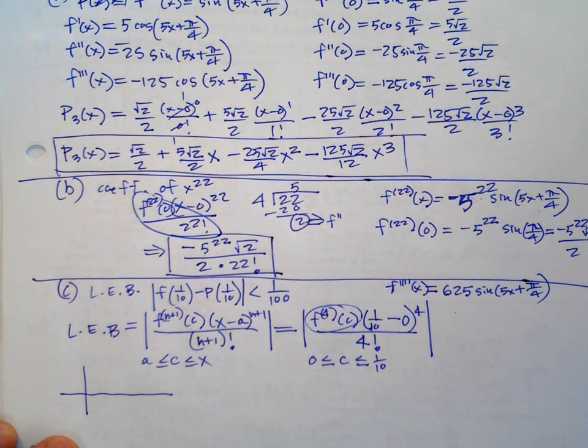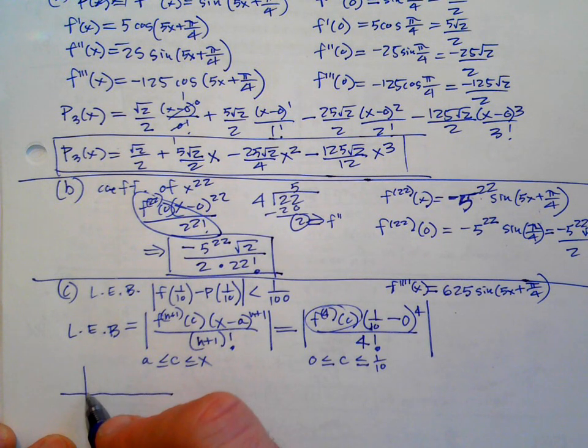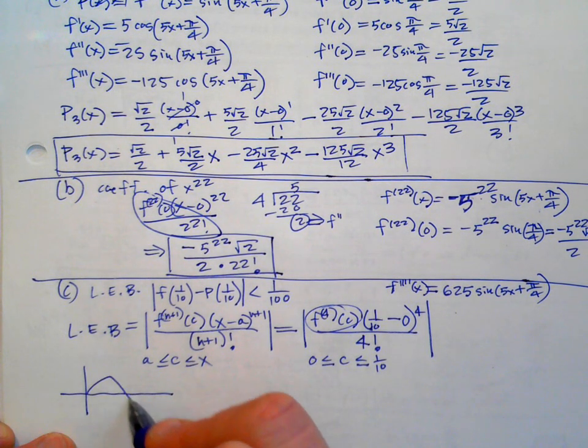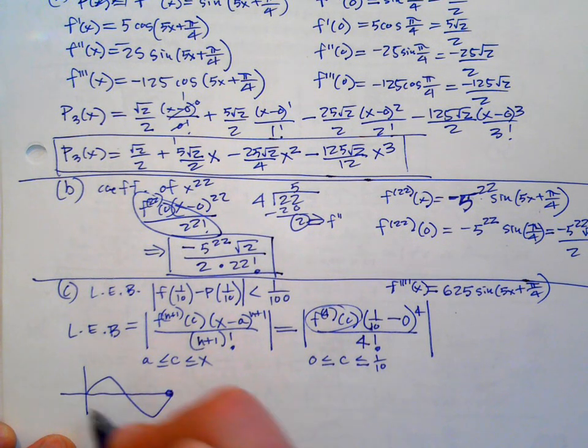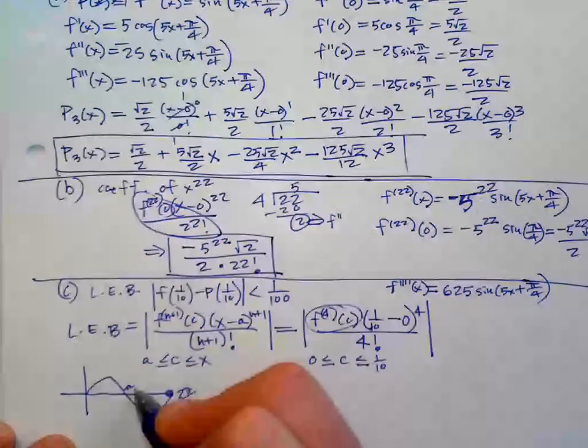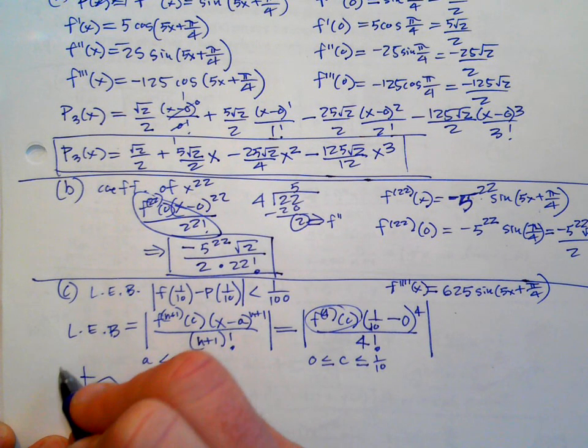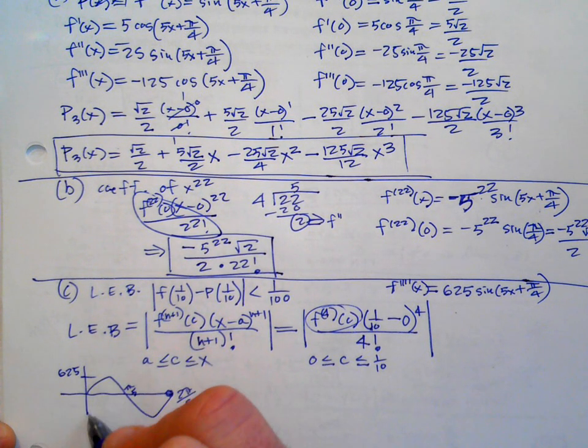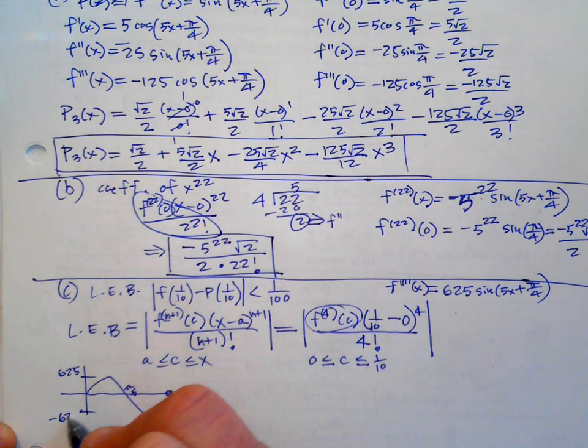The period's been divided by 5, and it's been shifted to the left pi over 4. Usually the sine curve would look like this, and this would be 2 pi, but it's going to be divided by 5. This would be pi over 5. The amplitude is 625 to negative 625.